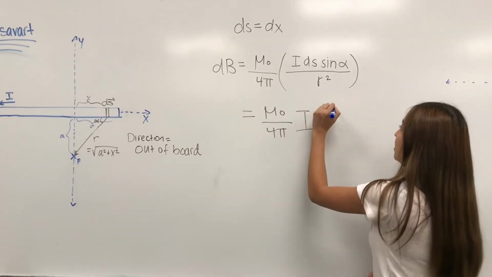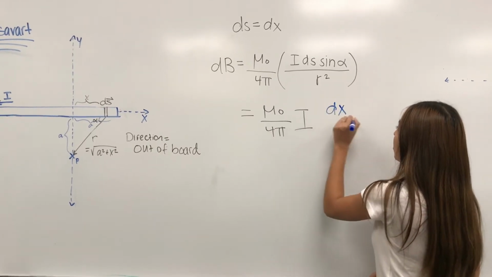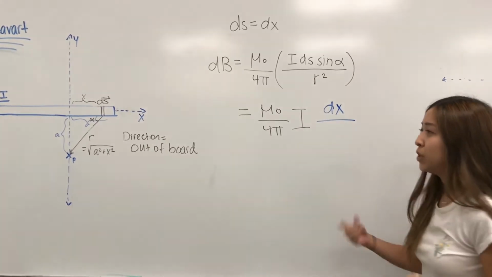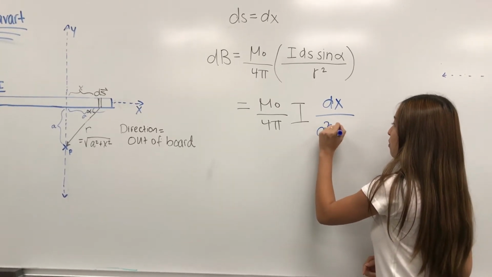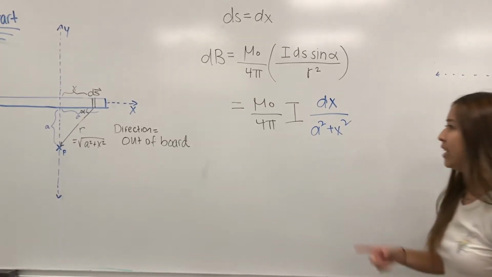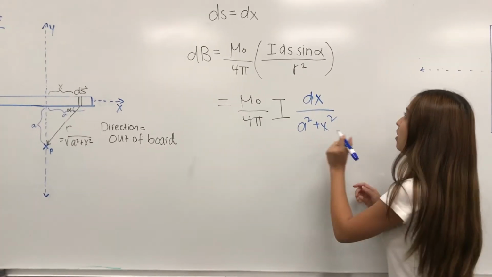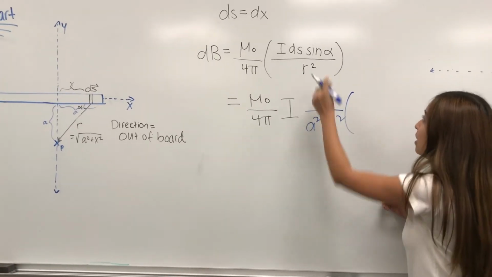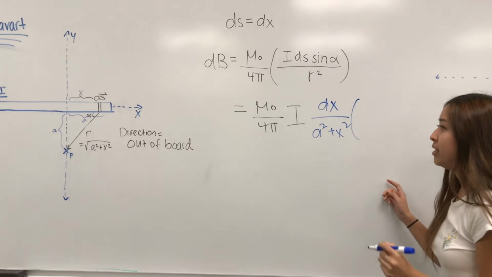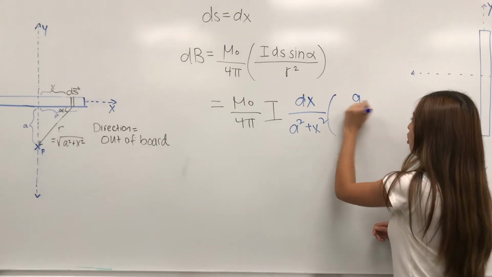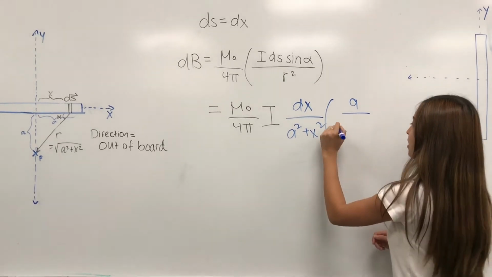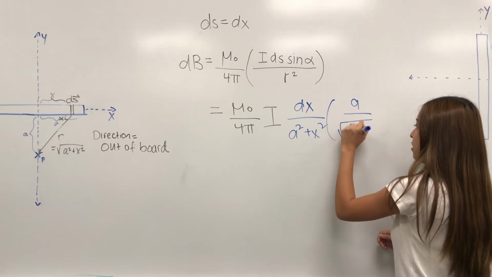So it's going to be dx over r squared, which we have determined to be a squared plus x squared according to the Pythagorean theorem. We're going to multiply all that times sine alpha, which is opposite over hypotenuse, so it's going to be a over r, which is a over the square root of a squared plus x squared.